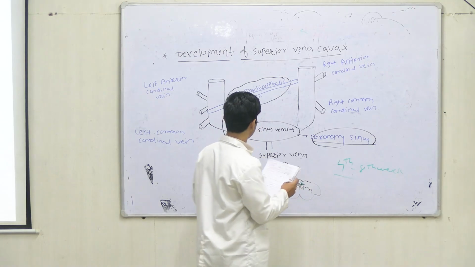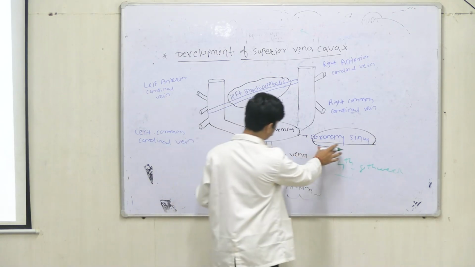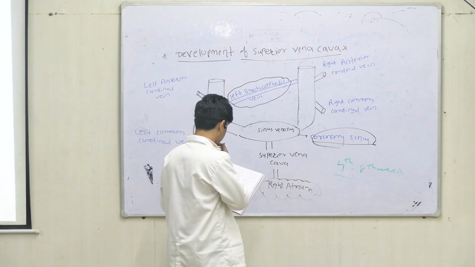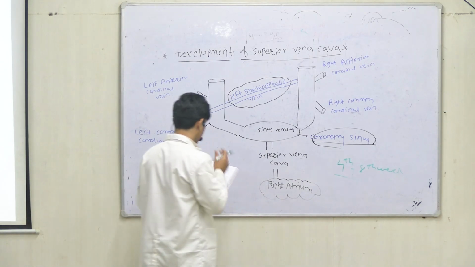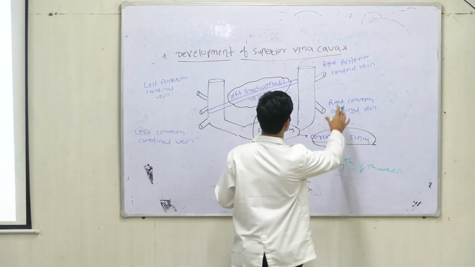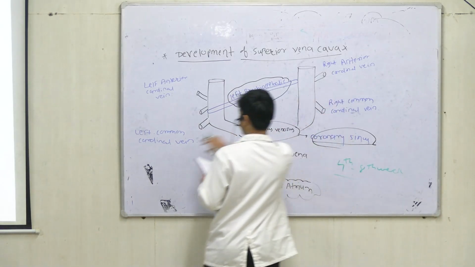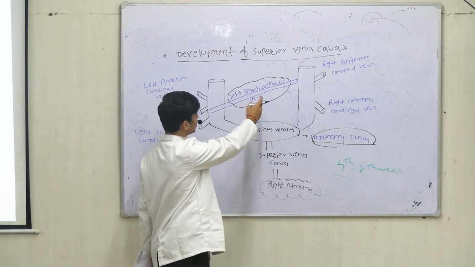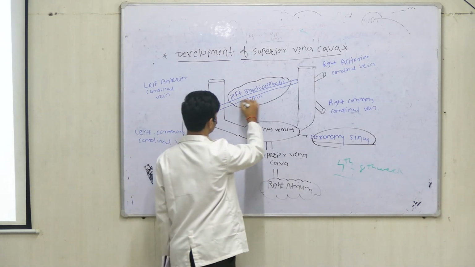And I'm explaining you now. So coronary sinuses, the anastomosis develops between right and left cardinal vein. The right and left cardinal vein form a bridge-like structure called the left brachiocephalic vein. You can see here.